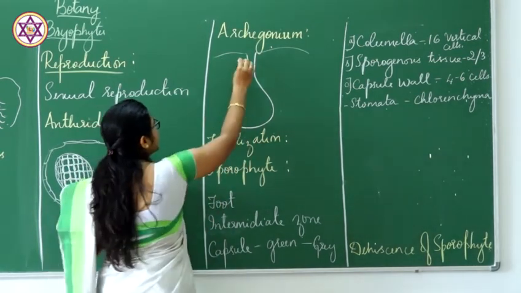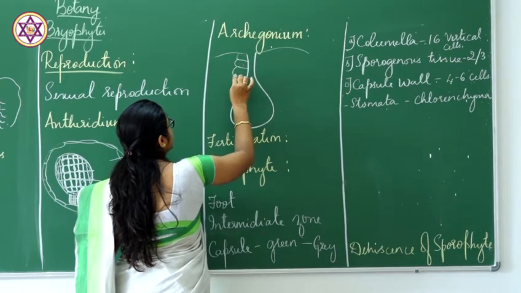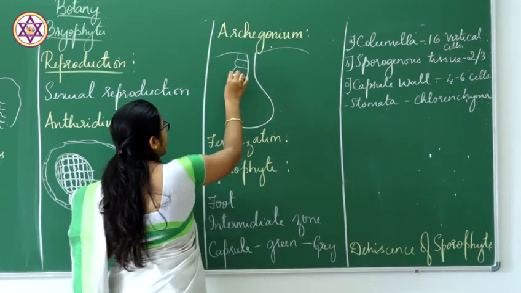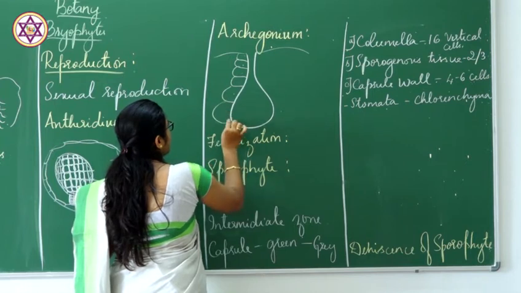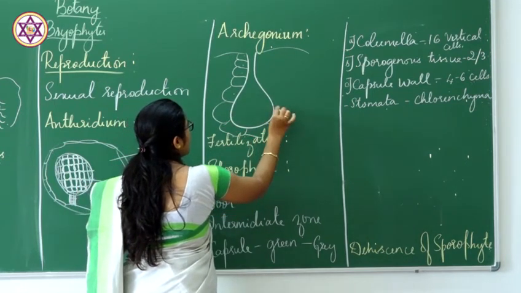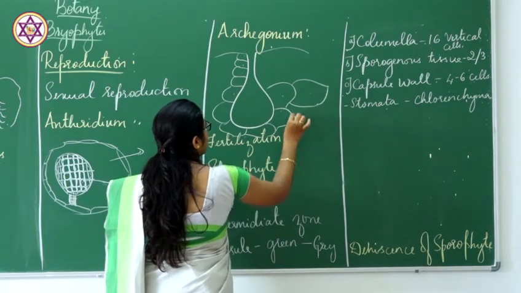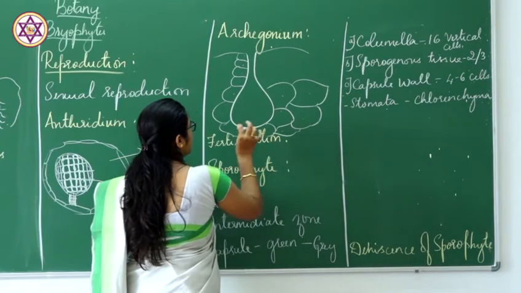Hence there are neck cells, that is the thallus cells. Then you will find the venter cells present around the venter, and the cells of the thalli present like this.